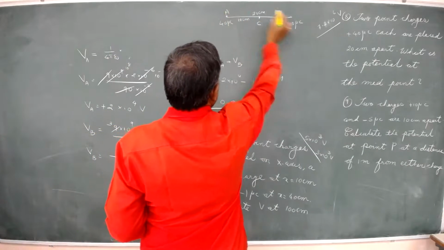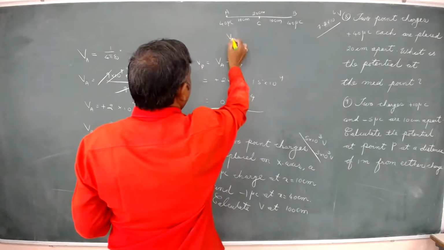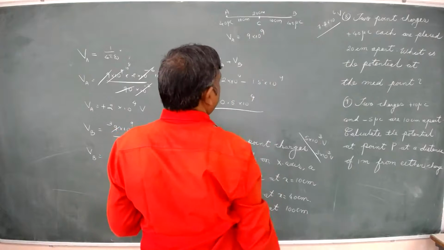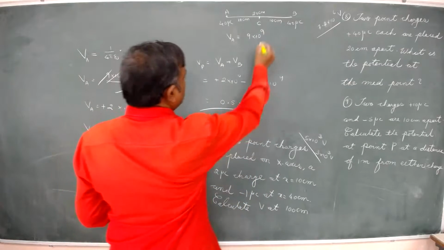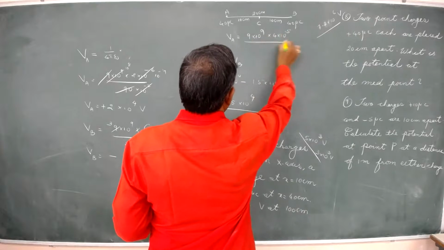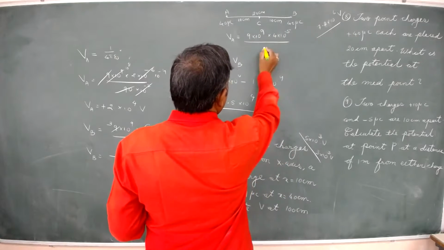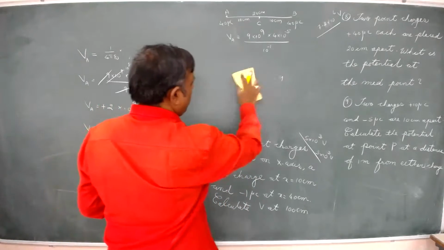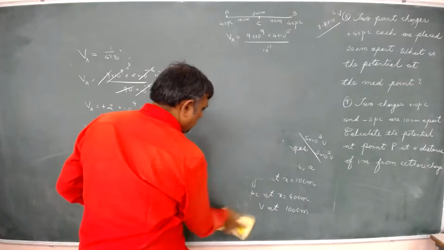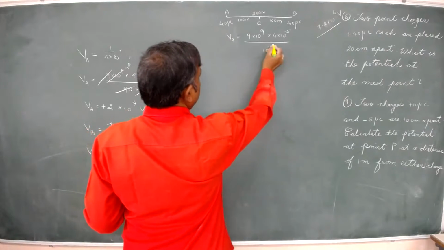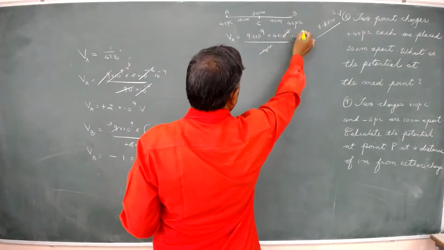So this is A and this is B. Potential due to A is equal to 1 by 4 pi epsilon naught, which is 9 into 10 power 9, into charge 4 into 10 power minus 5, divided by R, that is 10 power minus 1. On simplification, this becomes 10 power minus 4.